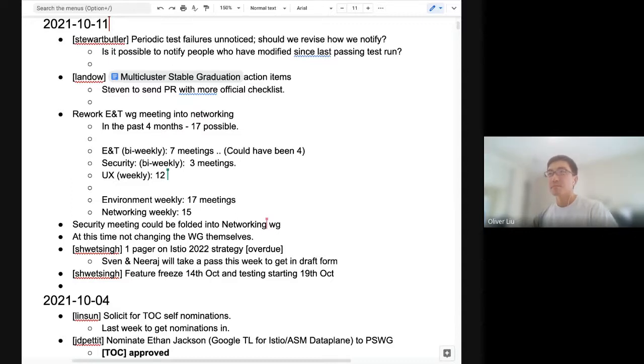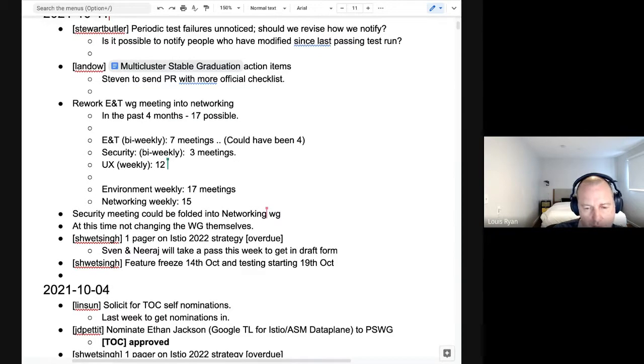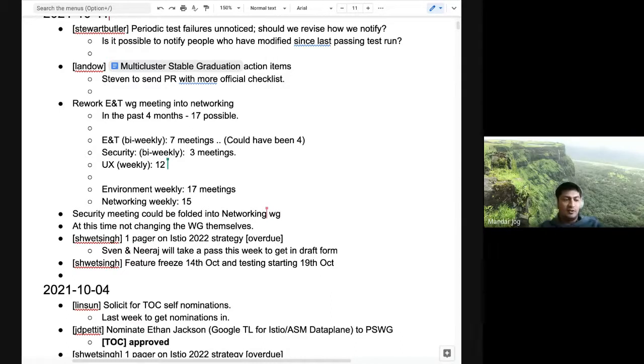Sure, sounds good. So Mandar, if the ask is for the TOC to approve, the working groups get to self-organize their schedules anyway. Yep. I raised it because it potentially affects the whole structure, but right now it's just between extensions, telemetry, and networking, and also between security and networking.